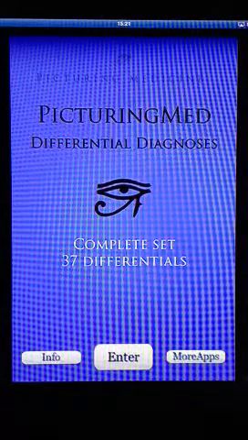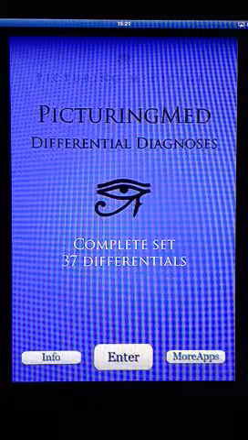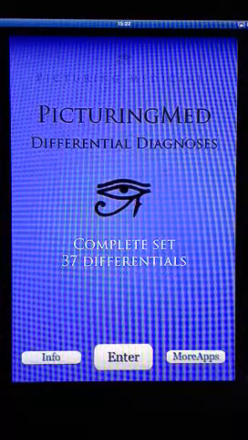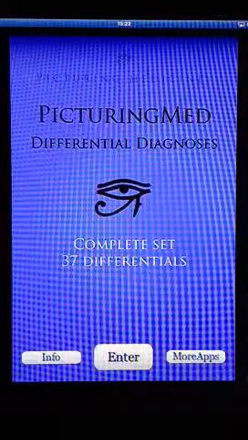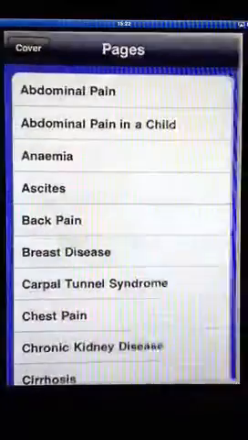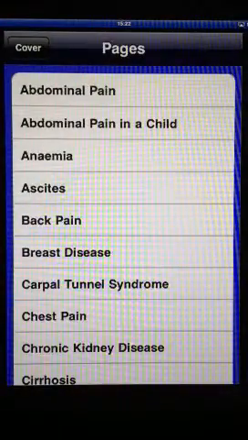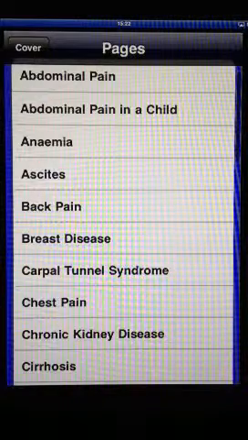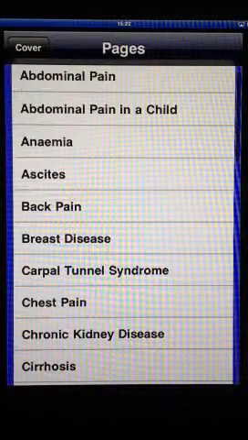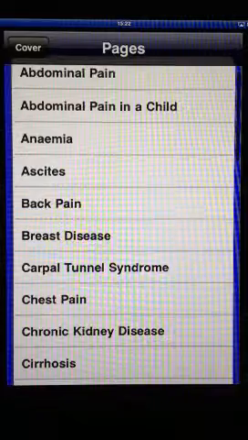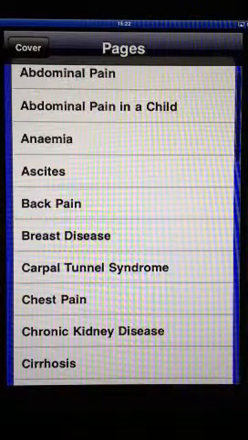Picturing Medicine iPhone and iPad apps contain a series of visual aid memoirs produced to help medics recall information quickly and accurately. The drawings are designed to be memorable and visually associative. They are often quite peculiar to look at, and this is intentional.